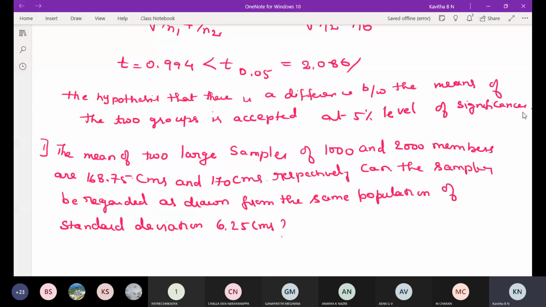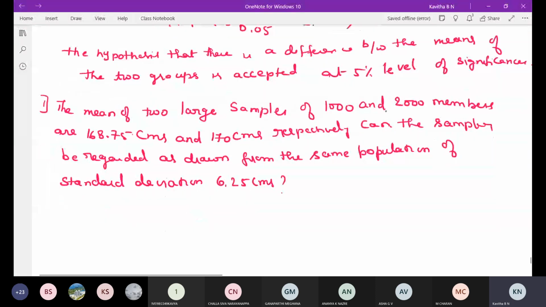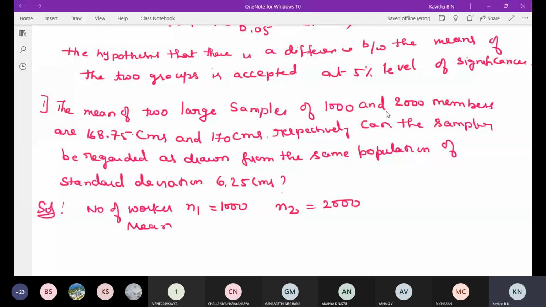Then write down your solution. The number of workers, n1 is equal to 1000 and n2 is equal to 2000. X1 bar is equal to 168.75 and X2 bar is equal to 170.